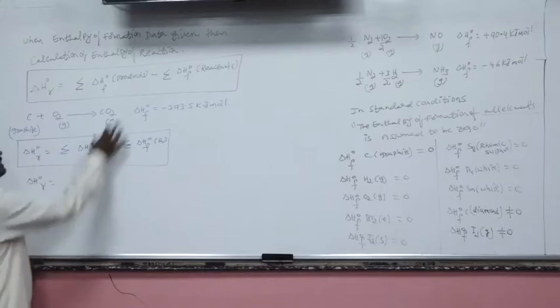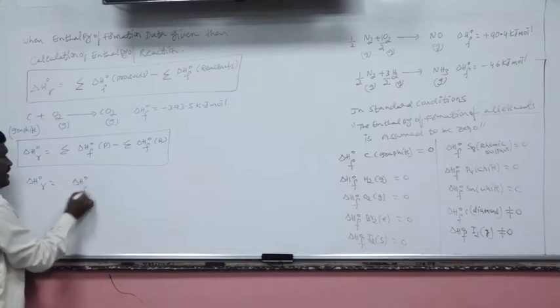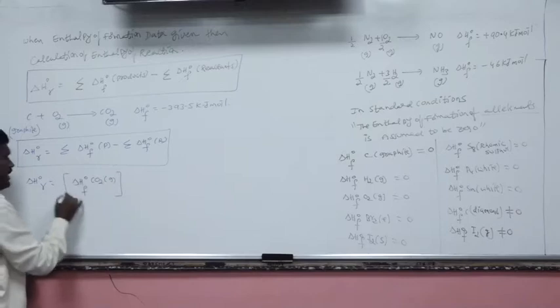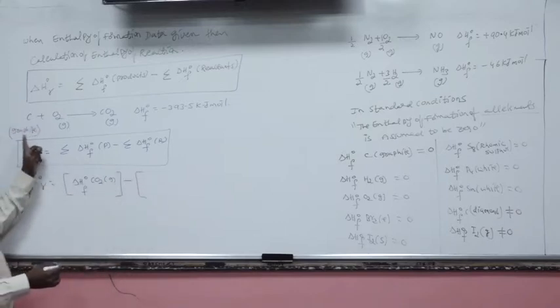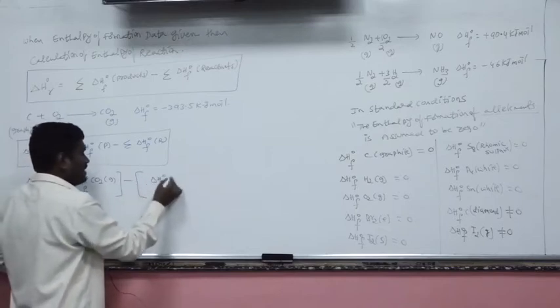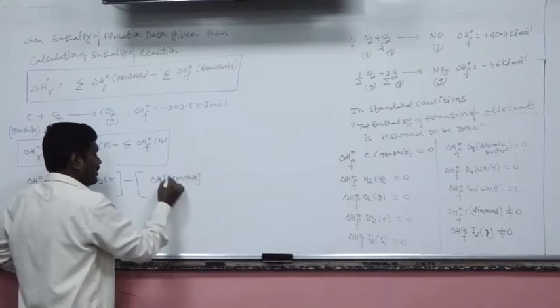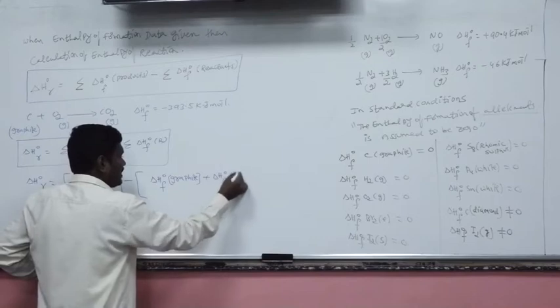What are the products here? Carbon dioxide. So the standard enthalpy of formation of carbon dioxide minus, what are the reactants? Graphite. The standard enthalpy of formation of graphite plus the standard enthalpy of formation of oxygen gas.